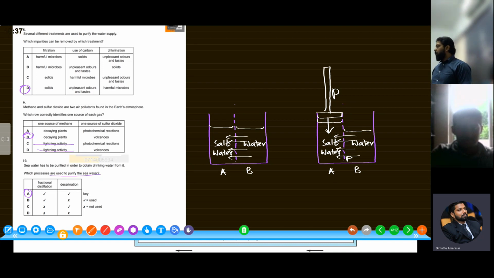And then what will happen to part A? The salt concentration increases, and the water decreases. The water goes through and collects on the other side. That's what we call reverse osmosis. How do you do reverse osmosis? By pressurizing the side with less water. Then the water goes to the other side and gets collected. You get it?